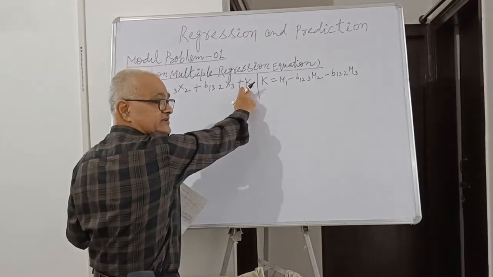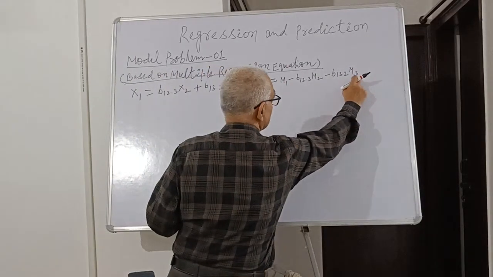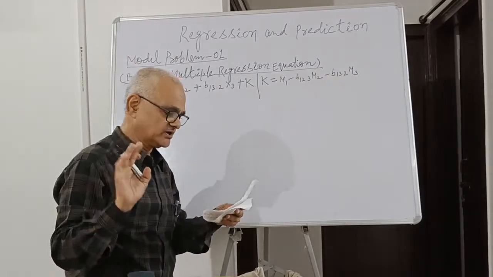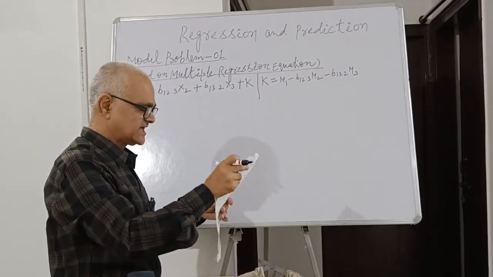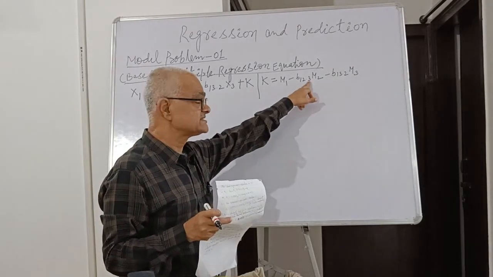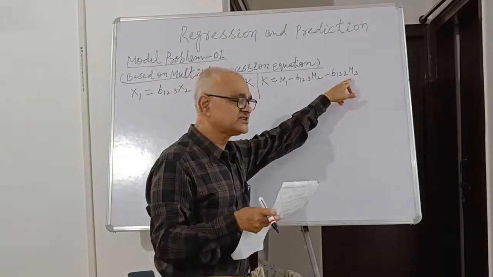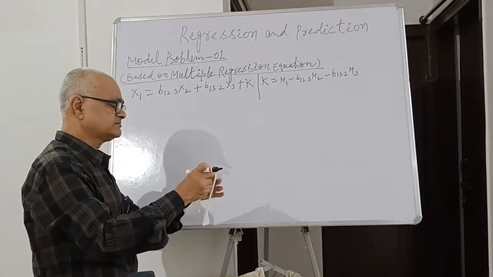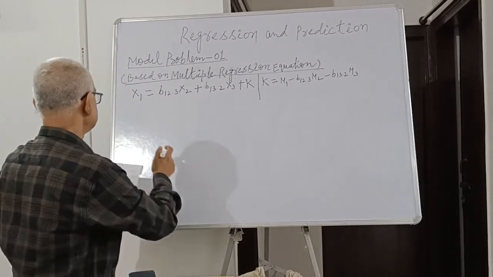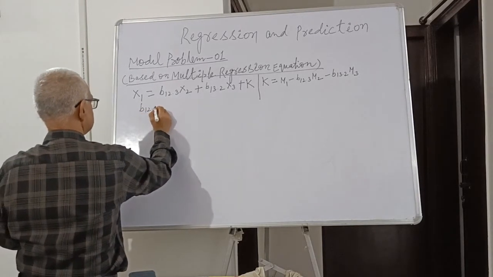And in the equation itself there is a value, that is k, and in order to compute the value of k, this is the formula. So you have to remember these things as formulas. As here you can see there is b12.3 and b13.2. So how can we calculate b12.3?